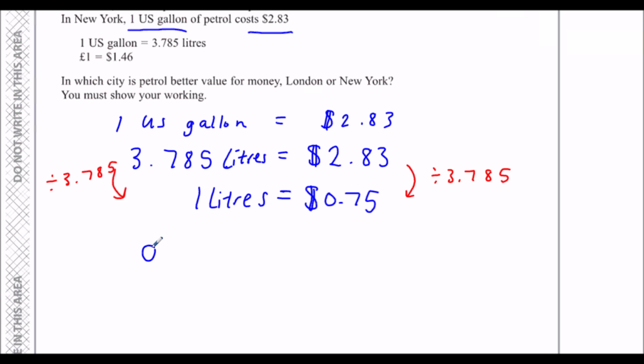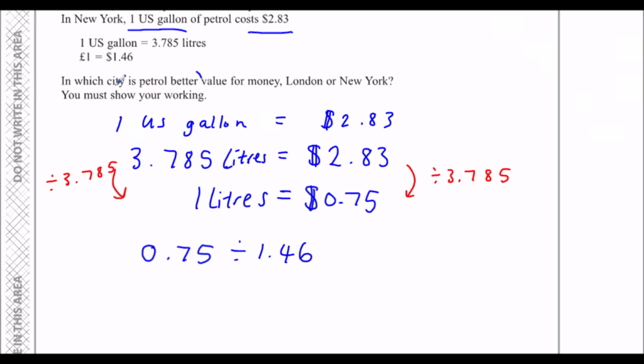So 75 cents, the answer in my calculator, into pounds. So to go from pounds to dollars, I times by 1.46. So dollars to pounds is divide by 1.46. To go from pounds to dollars, you times by the exchange rate.